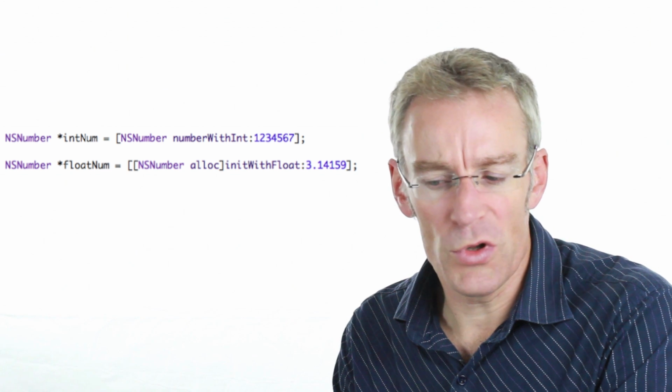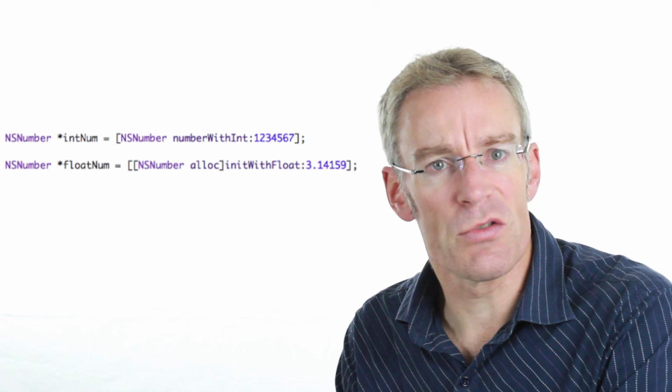NSNumber is a wrapper which we place around any of these primitive data types, and it means once we've done that, we can put the data on the heap, and we can use that in our Core Data, in our arrays, our dictionaries, our sets, and so on and so forth. But when we create a number, we have to specify what primitive data type we're using. So here we have two NSNumbers, one storing an integer and the second one storing a float.